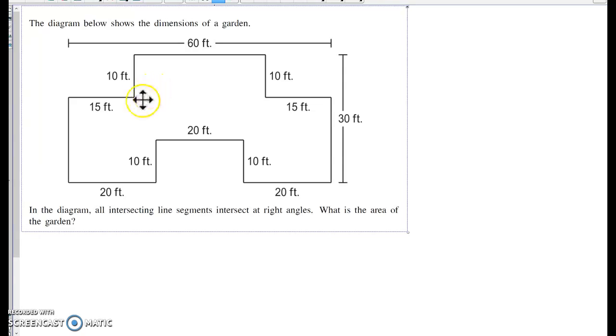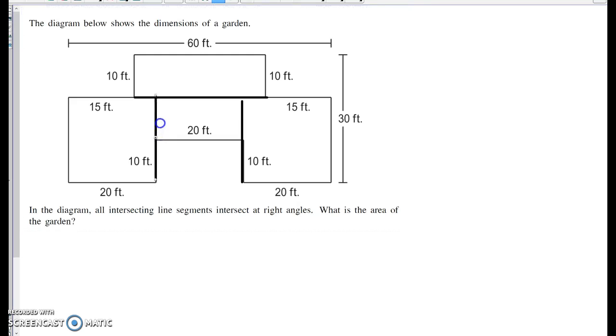There's not necessarily one right way, but one possible choice is to cut off that rectangle there, and work with these individual pieces. So we now have 1, 2, 3, 4 different rectangles that we would find the area of. See if you can try this one on your own.